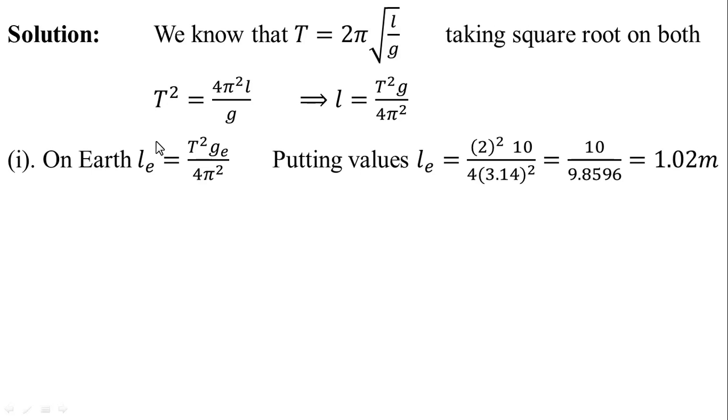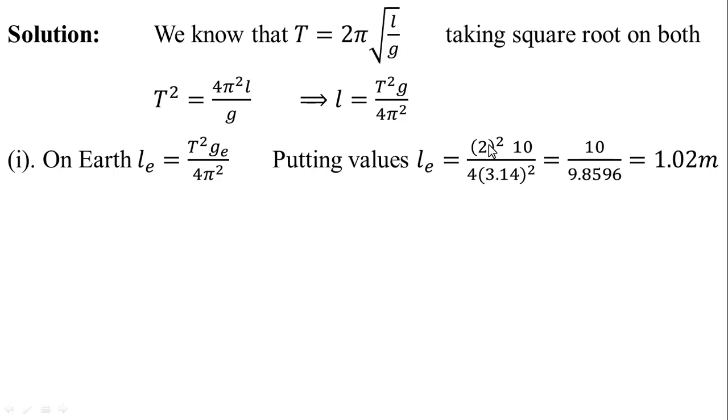In the first part, on the Earth, length on the Earth is equal to T square gE divided by 4π square. Putting the values, length of simple pendulum on Earth is equal to time period 2 square multiplied by 10 upon 4 into (3.14) whole square.